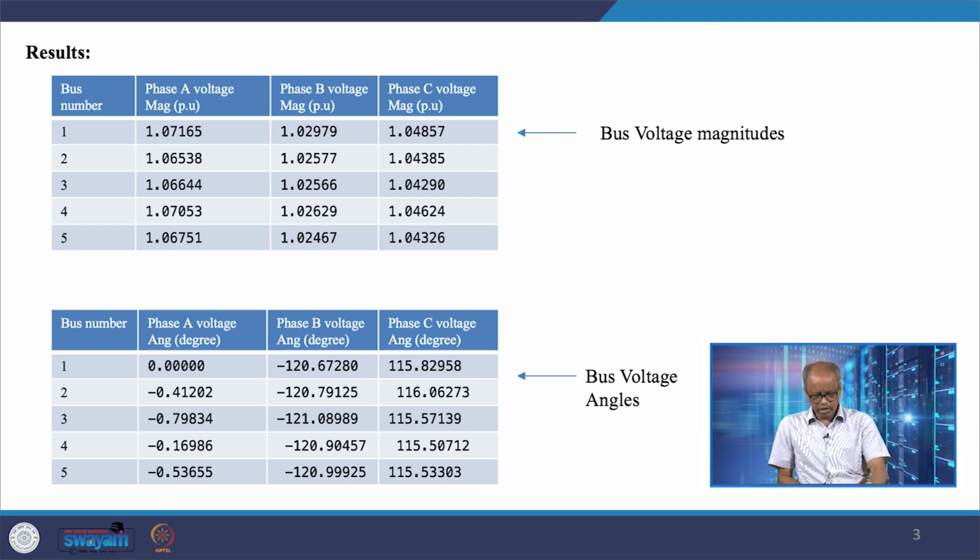And if we look at the angles, the angles in phase A are closer to 0 degree, angles in phase B are closer to minus 120 degree, and angles in phase C for all the buses are closer to plus 120 degree. But the angular differences between the phases is not equal to 120 degree for any bus, neither are the voltage magnitudes all equal for any bus.